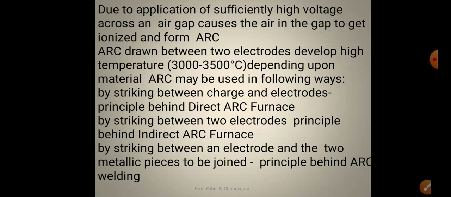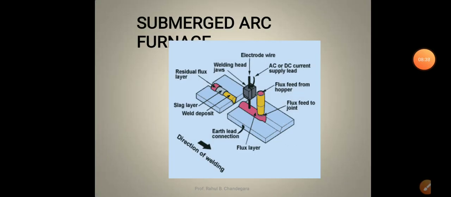Arc may be used in the following ways: by striking between charge and electrodes, as used in the direct arc furnace; by striking between two electrodes, as in the indirect arc furnace; and by striking between an electrode and the two metallic pieces to be joined, for use in arc welding. This is the figure of an arc furnace. Here we can see the arc produced between the two electrodes.